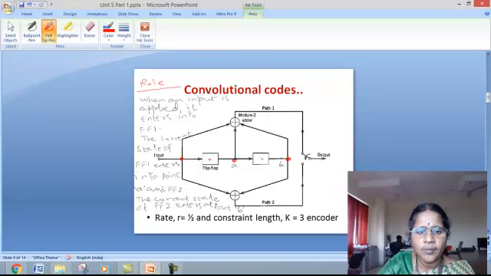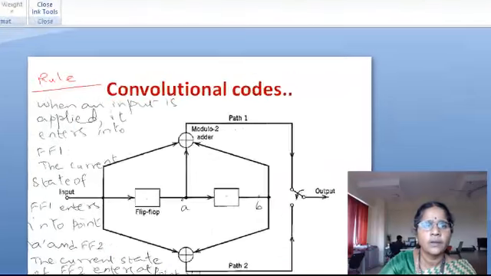Let me repeat once again. When an input is applied at this point, that input enters into flip-flop 1. The current state of flip-flop 1 moves into point A and to flip-flop 2. And the current state of flip-flop 2 will now enter into this point B. Right.